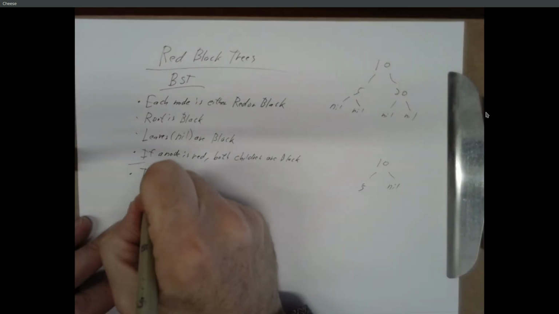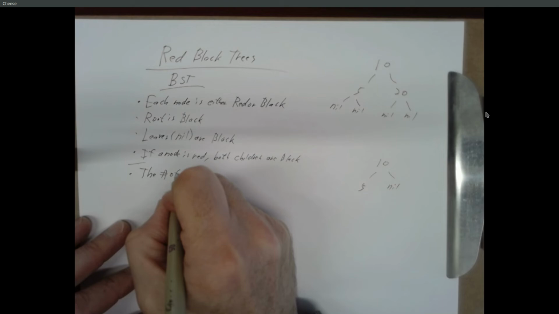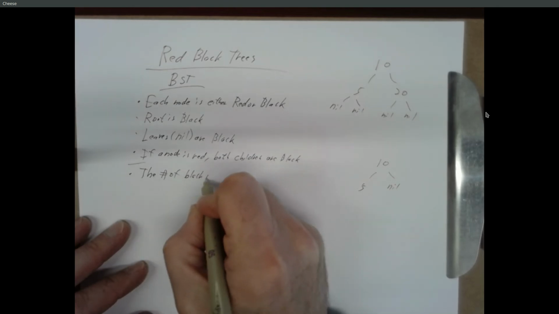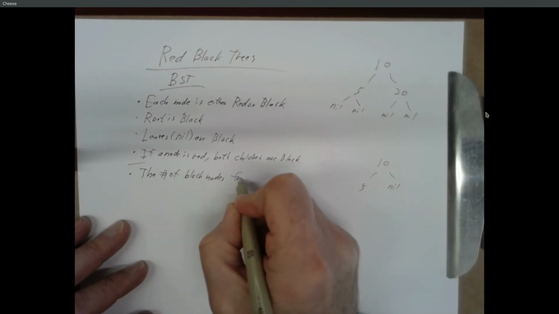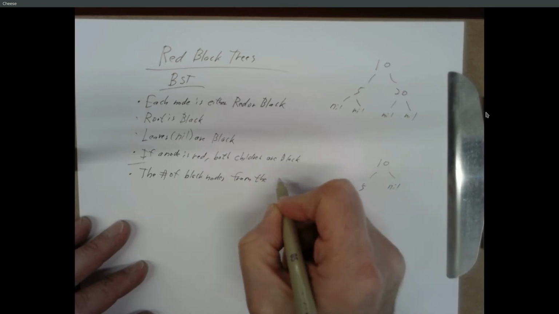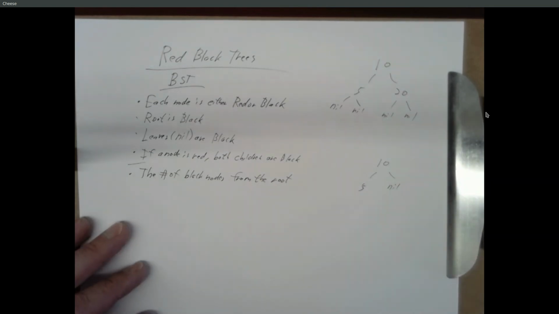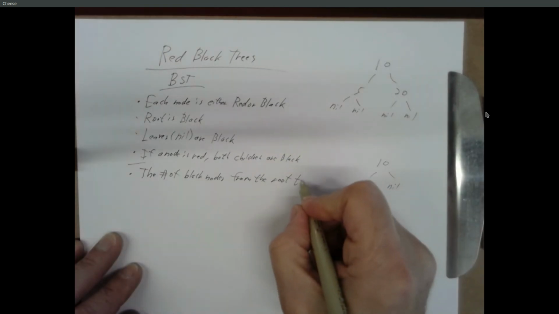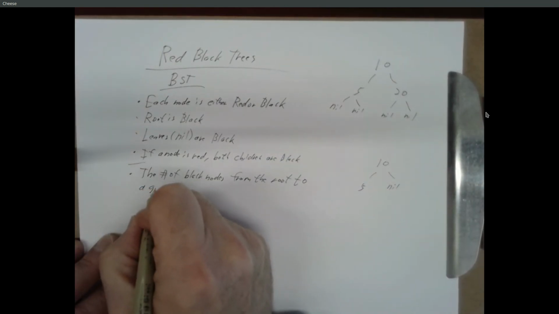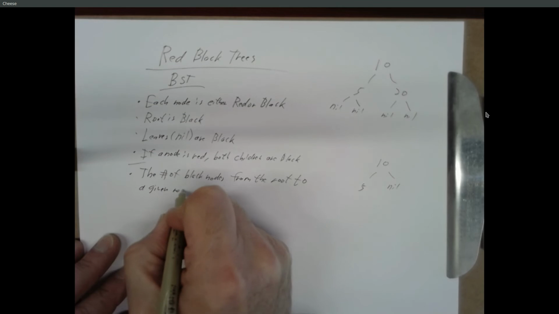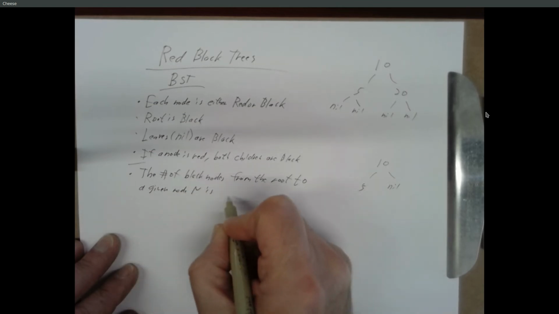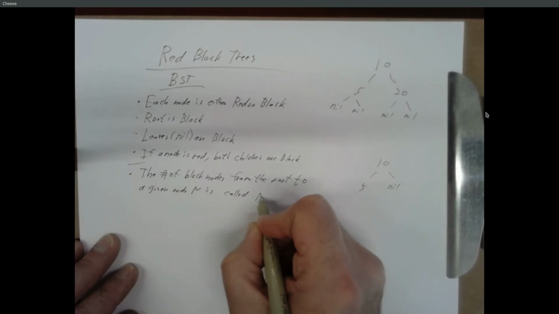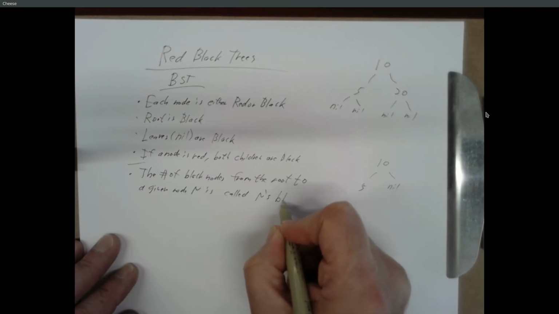The number of black nodes from the root to a given node n is called n's black depth.